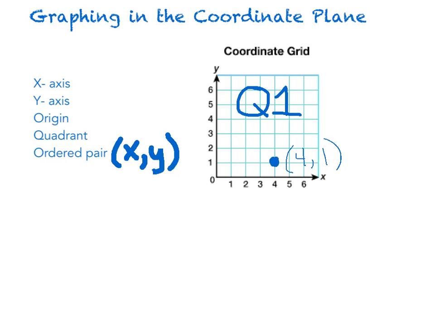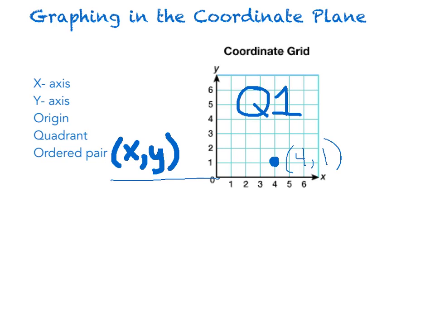Now, as I mentioned earlier, the picture that you're seeing right now is only a partial picture of the coordinate plane. Because when you think of number lines, they don't start at 0 and only go in a positive direction. Or vertical number lines don't start at 0 and only go in a positive direction. They actually can go the opposite direction, which would give us negative numbers.